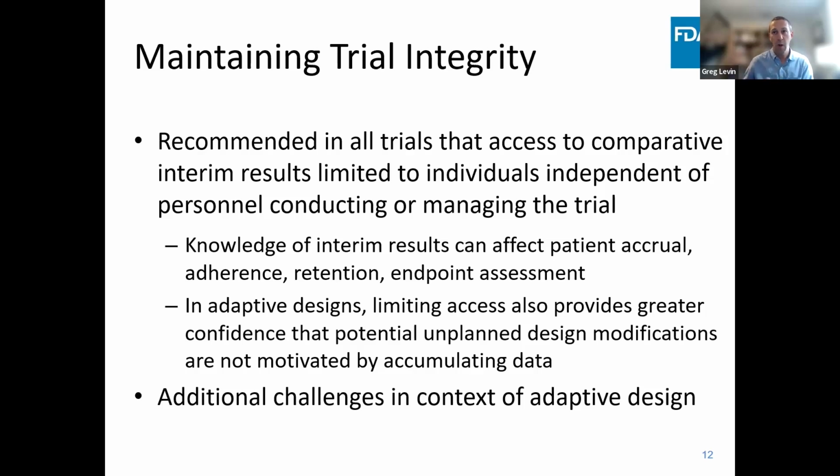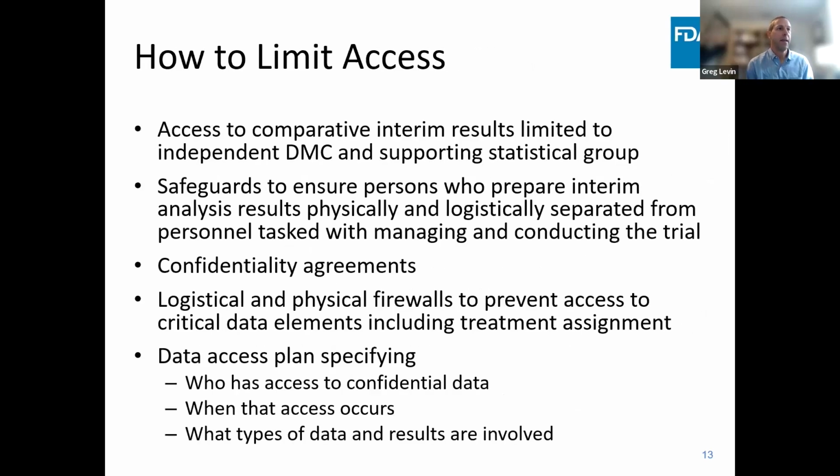So, for example, if there's a well-motivated protocol amendment based on emerging external information, when a sponsor proposes that, they're in essence protected by not having access to unblinded data from the ongoing trial when they propose such a well-motivated external information-based change to the trial. There are some additional challenges to limiting access and maintaining trial integrity in an adaptive design.